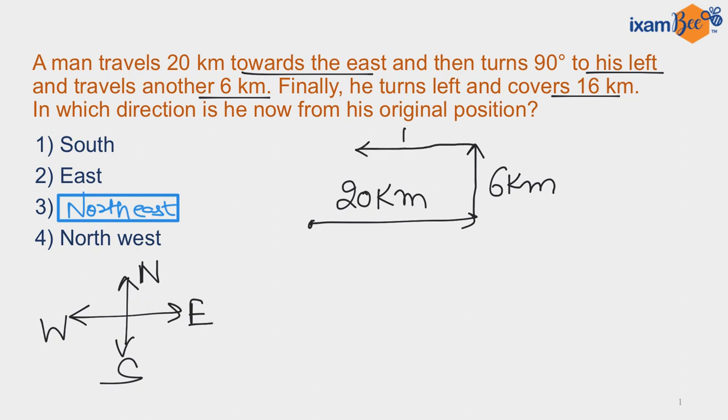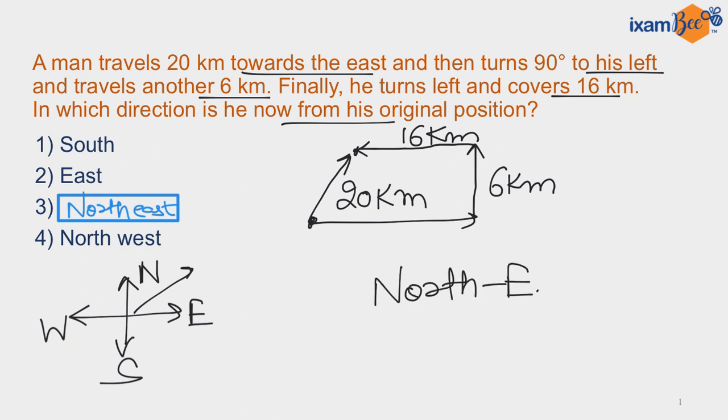In which direction is he now from his original position? This is your original position, this is your final position. So he is in the northeast direction. The correct answer for this question is northeast.